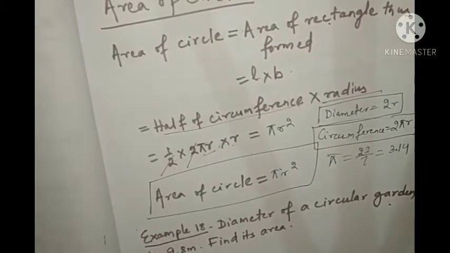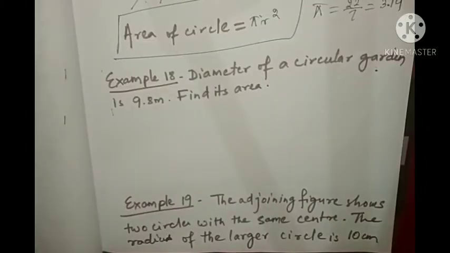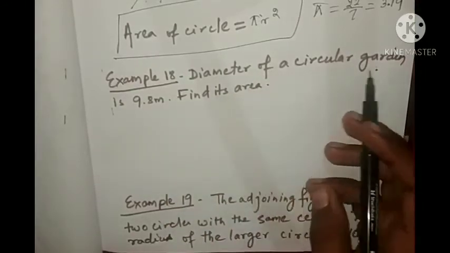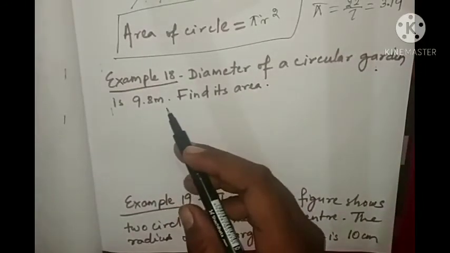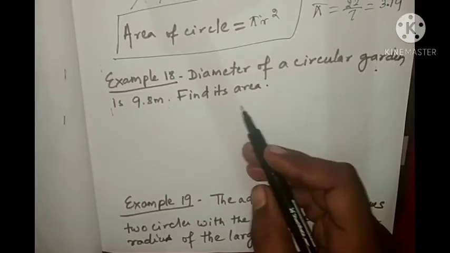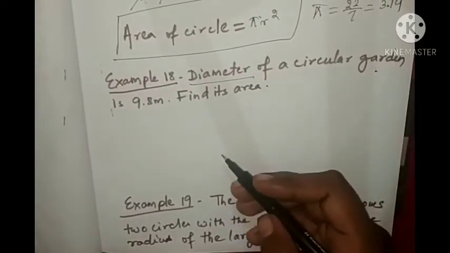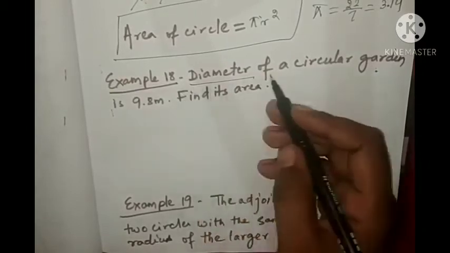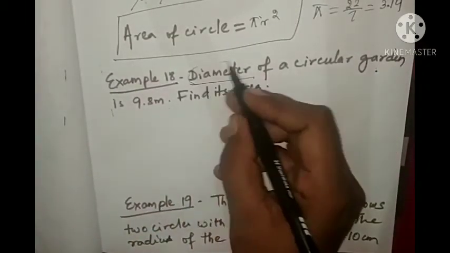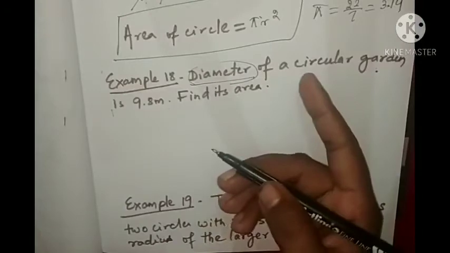Okay, so let's see some examples. The diameter of a circular garden is 9.8 meter. Find its area. Here the diameter is given, so our area is pi r square. We need the radius, so we first convert the diameter into radius.